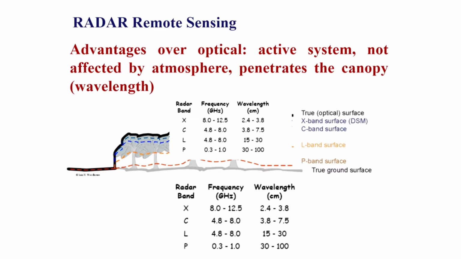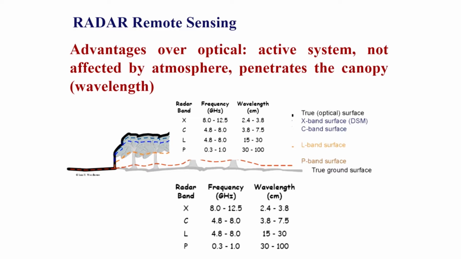Then this is what I was mentioning, microwave remote sensing. The main advantage of microwave remote sensing is that it is active remote sensing. It provides its own source of energy. It can penetrate the cloud cover in any weather conditions and give you the data.